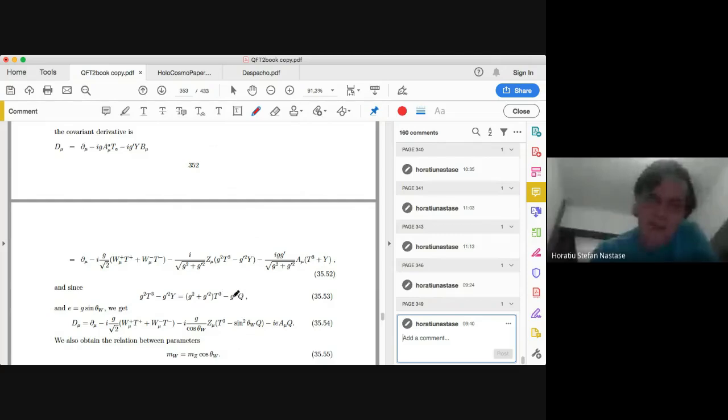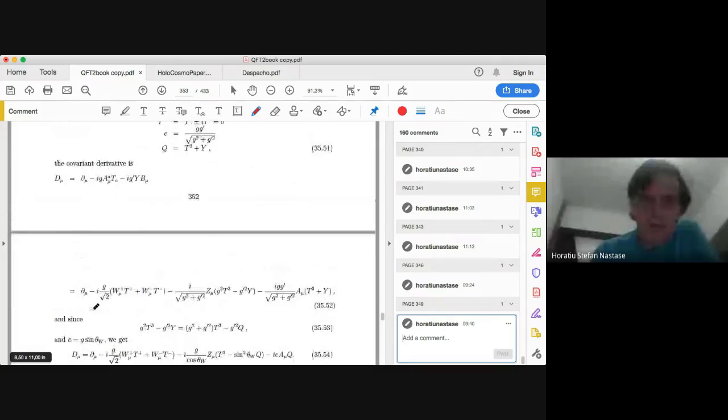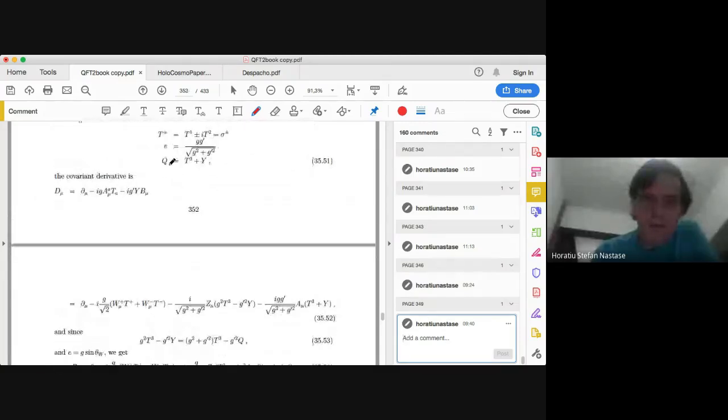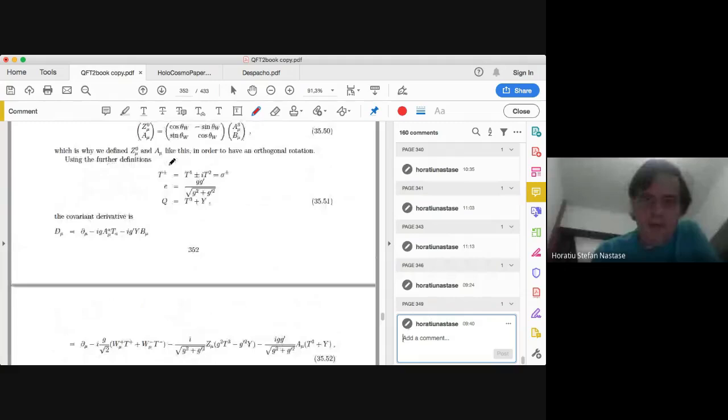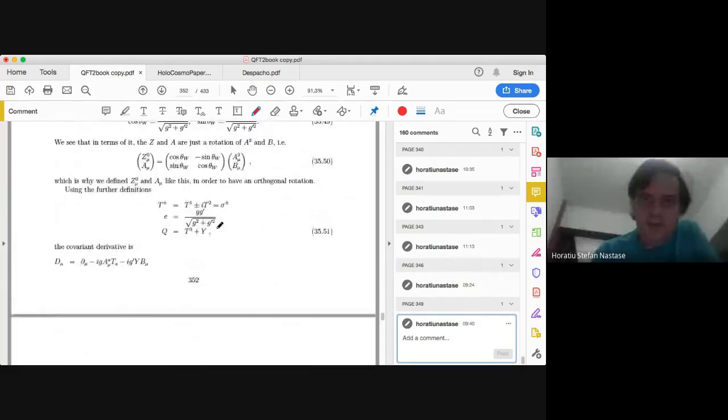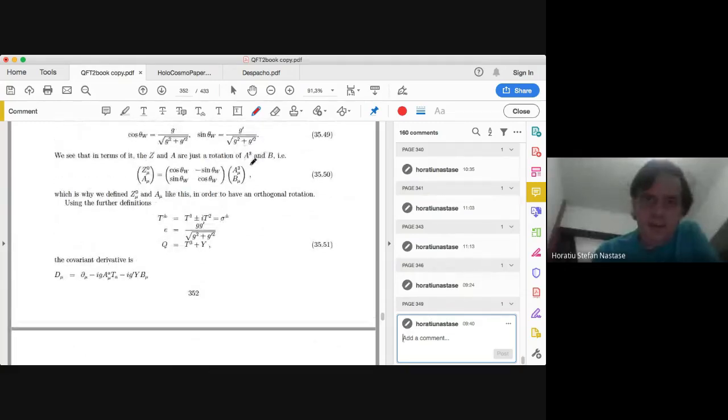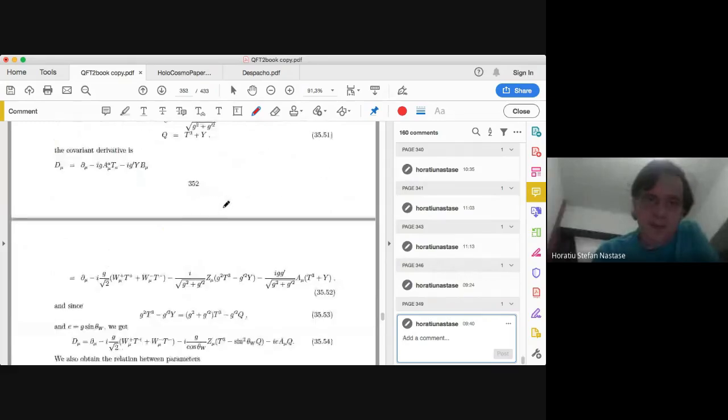So I isolate Q, and then I have another contribution to T3. Then I have minus g prime squared Q. And also I note that this e is g times sin theta. So g prime over this, this is sin theta W. So e is g times sin theta.